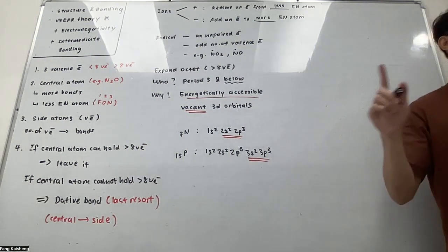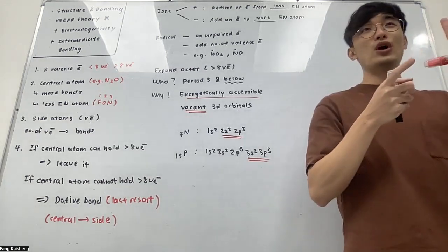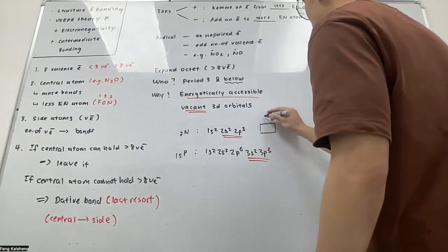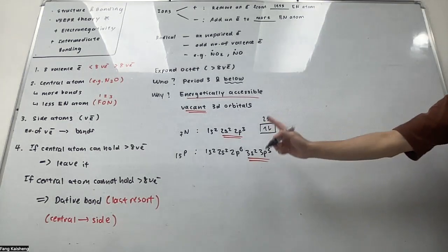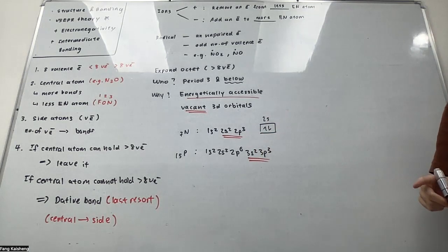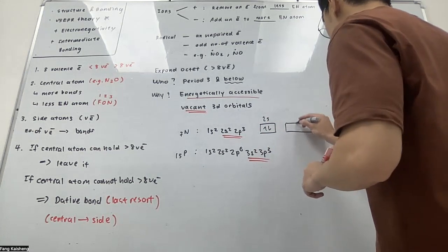And recap from atomic structure, one orbital can hold how many electrons? 2. Okay, so over here, let's draw 2s2 and 2p3. 2s, we have one box, right? So 2s2 like this. As for the p subshell, how many boxes do I need to draw? 3. One p subshell has 3 orbitals. Draw 3 like this.